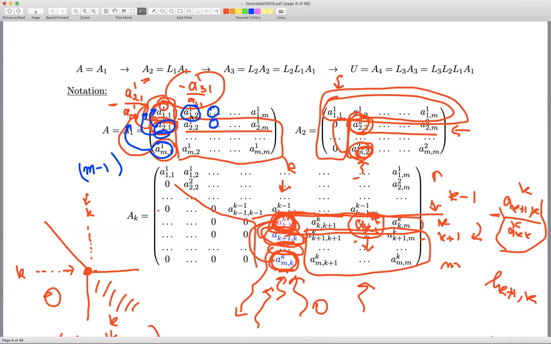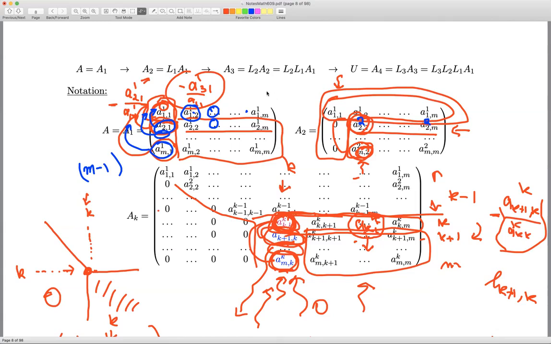So we have multiplication of each of the terms here, which are m minus 1. So we have m minus 1 multiplications, and we add this to each of those terms here to compute the corresponding elements of the matrix at the next iteration, which will have upper index 2.